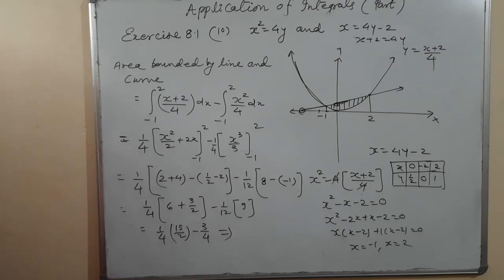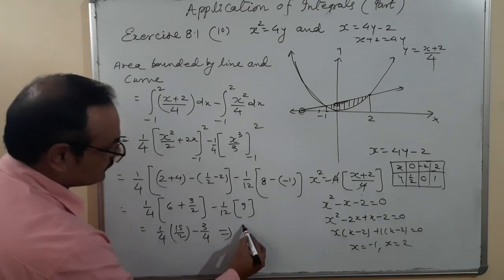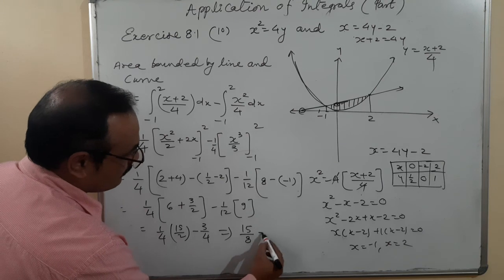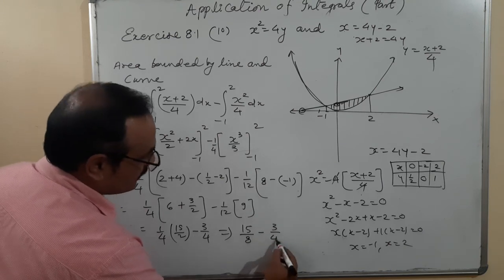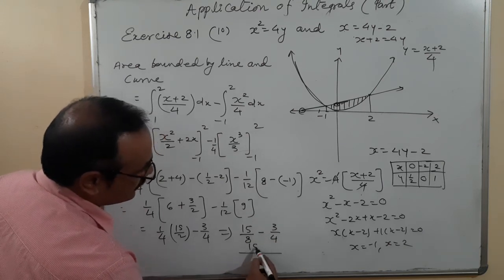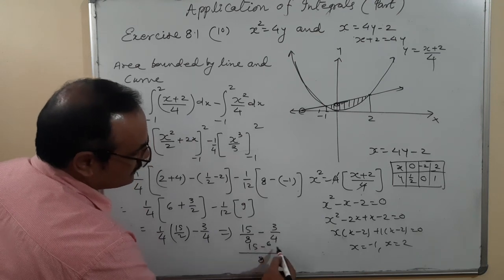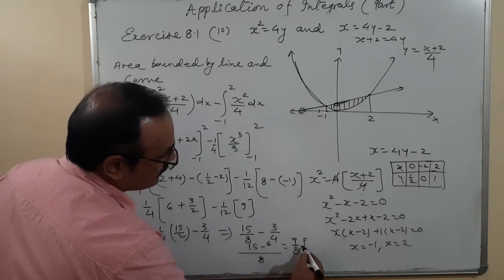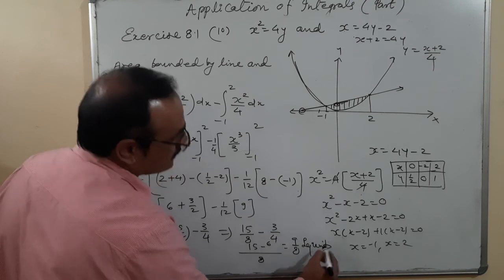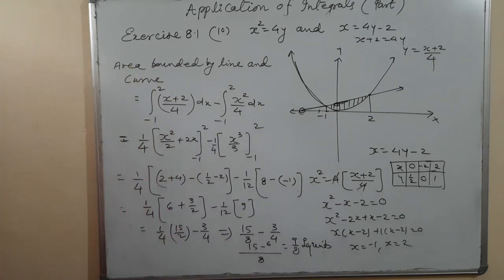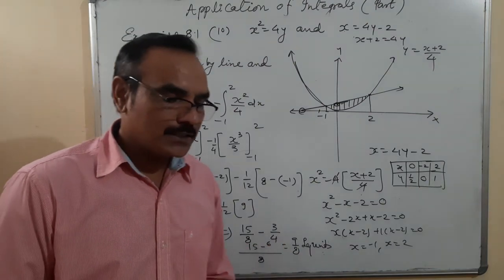So it is 15 upon 8 minus 3 upon 4. LCM 8, 15 minus 6, 9 upon 8 square units. So the area is 9 upon 8 square units.